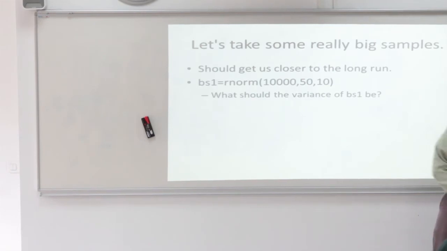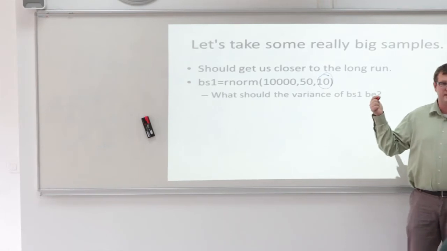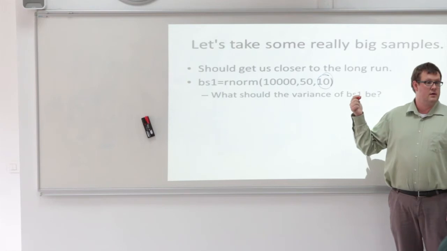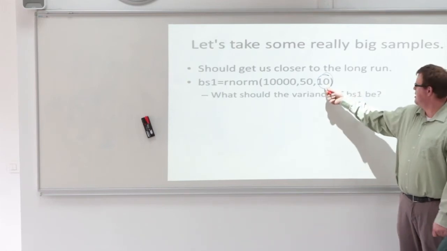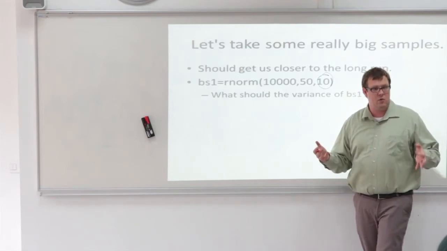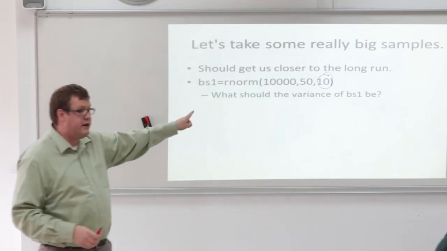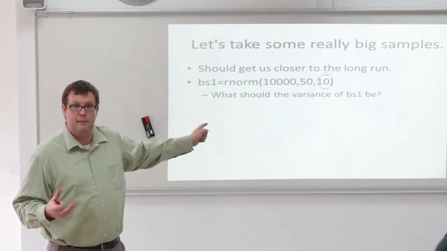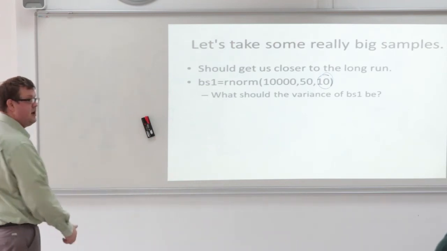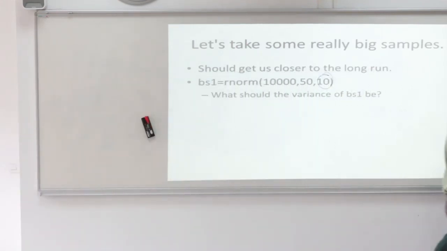Our population has a standard deviation of 10. So what's the variance of the population? 100, right? 10 squared. Yes. Now, what do we know about the law of large numbers? When we have large numbers, our estimates of the population variance are going to be closer to what the population variance actually is, right? So what should the variance of BS1, our big sample, be? It should be pretty darn close to 100.